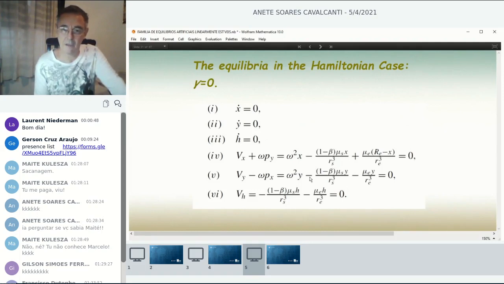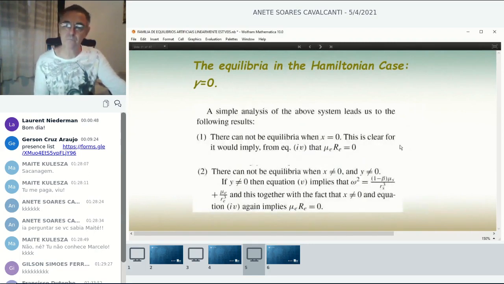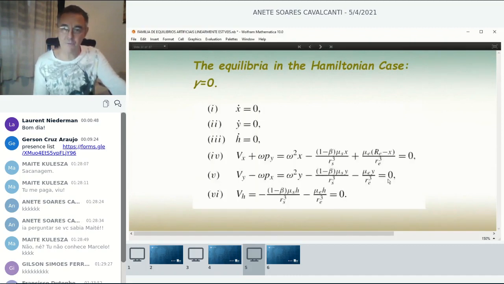Okay? Also, if we have x different from 0, but y equals 0, sorry, the second expression here, there cannot be an equilibrium when x is different from 0 and y is different from 0 too.